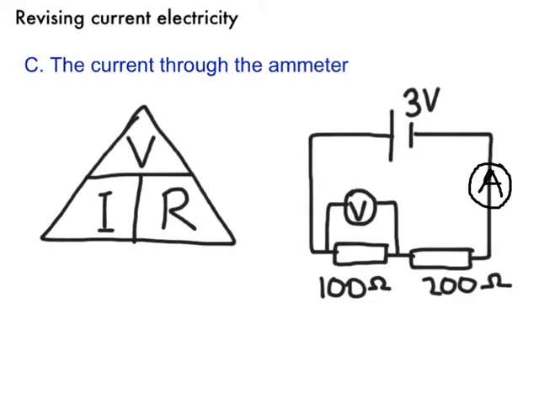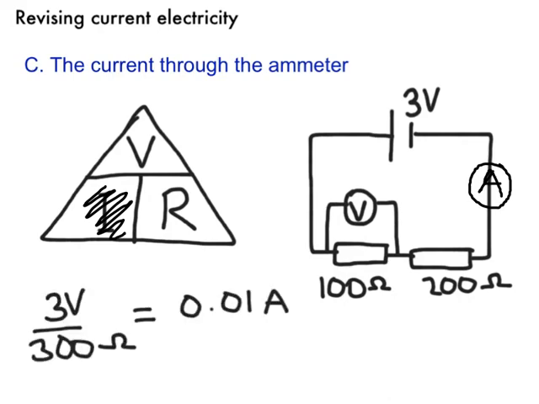In this case, we're trying to calculate current, so I'm going to have to do the voltage or potential difference divided by the resistance. My voltage in this case is 3 volts. I've worked out my total resistance in the circuit is 300 ohms, those two added together. So to work out my current, 3 volts divided by 300 ohms is giving me a current of 0.01 amps through that ammeter.